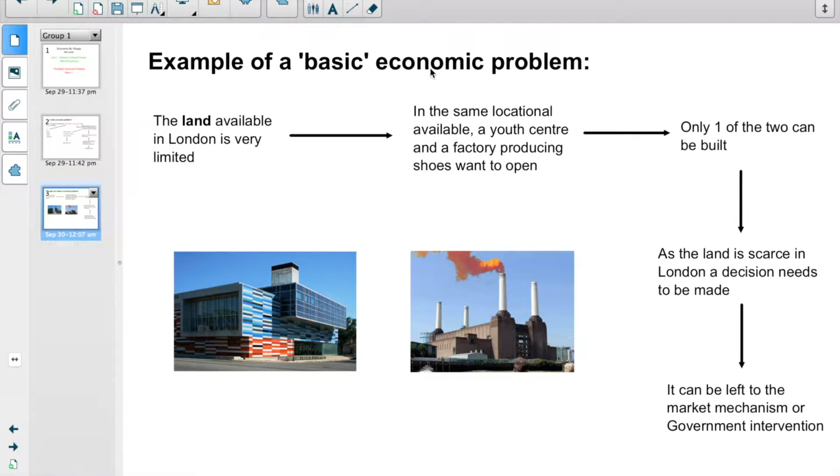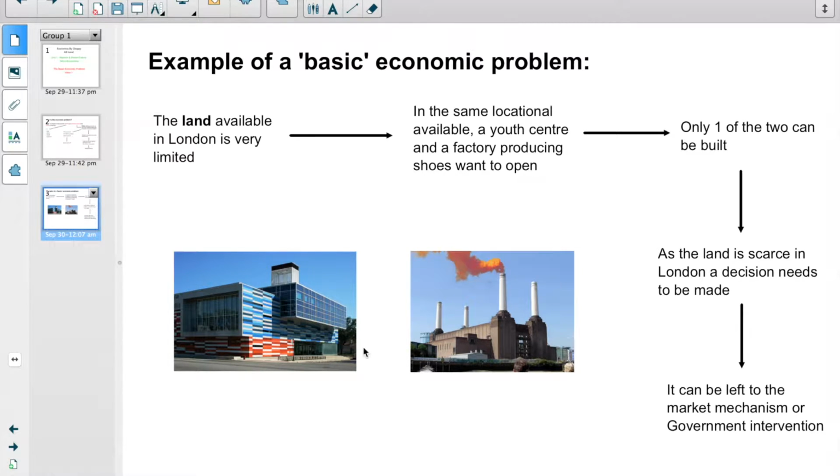As we all know, in London, the land available is very limited. So, if, let's say, in the same location available, a youth centre and a factory that produces shoes want to open, but only one of them can be built, this is when we've got a basic economic problem.